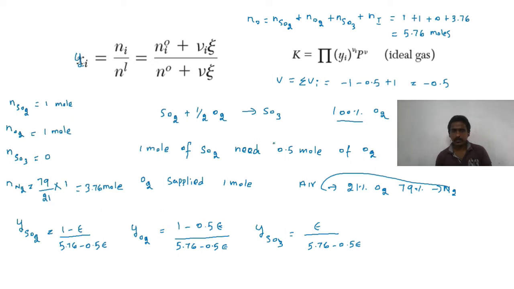Now let me utilize this formula, K equals the product of y_i to the power v_i, times P to the power v.